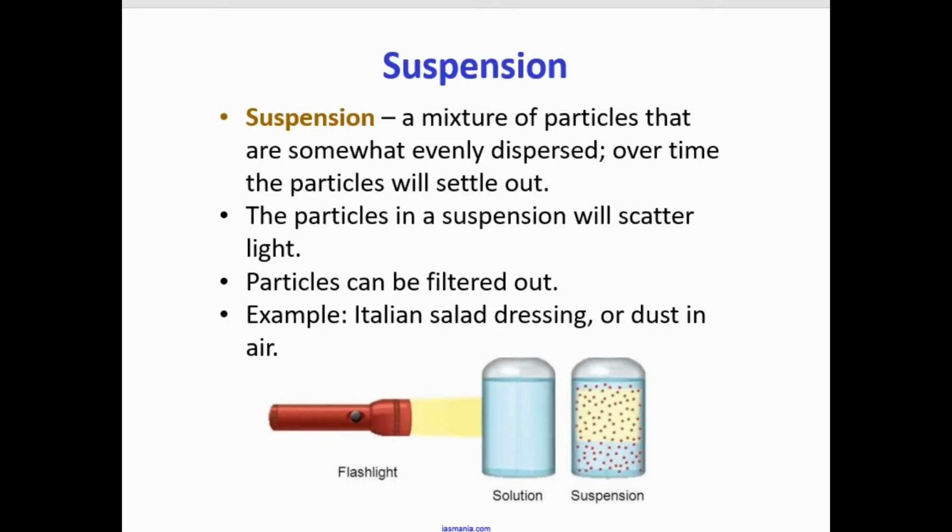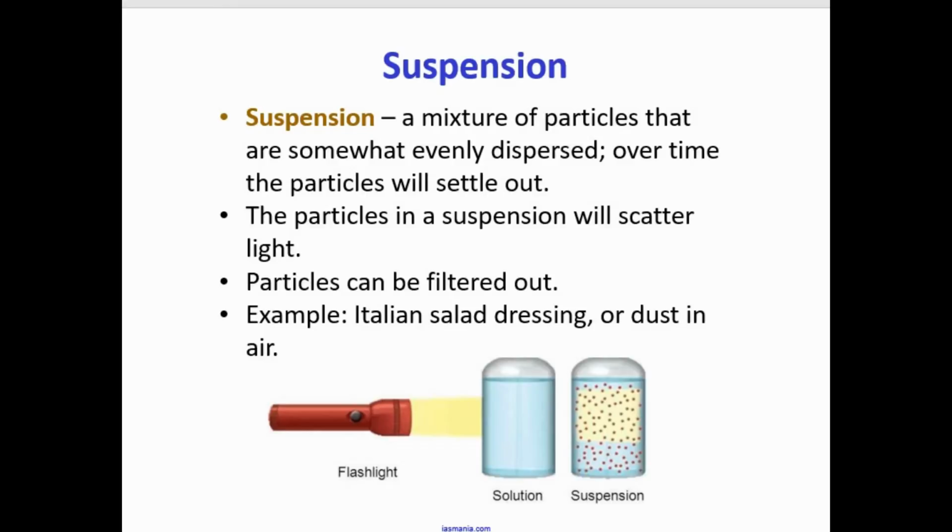Look at the picture at the bottom of this slide, a flashlight, and they're shining the flashlight through a solution and we cannot see the light, it just passes straight through. But if we pass it through a suspension, we can see the light because the light bounces off the particles and scatters it. We call that the Tyndall effect.